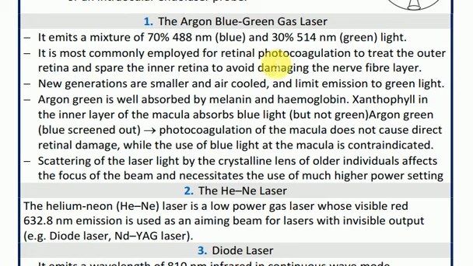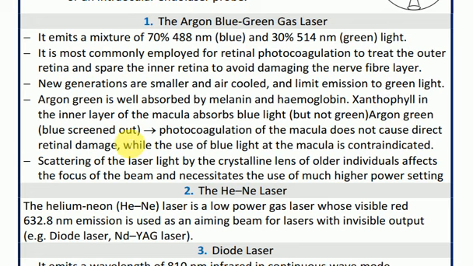Commonly employed for retinal photocoagulation, to treat the outer retina and spare the inner retina, to avoid damage to the nerve fiber layer. New generation lasers are smaller, air-cooled, and limit emission of green light. Argon green is well absorbed by melanin and hemoglobin. Xanthophyll in the inner layer of the macula absorbs blue light but not green.